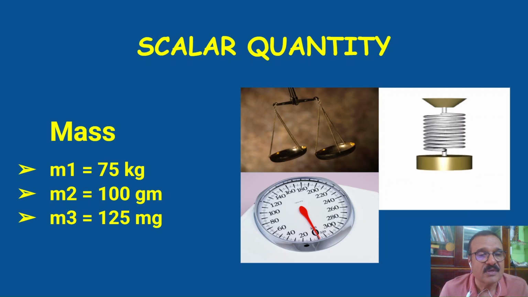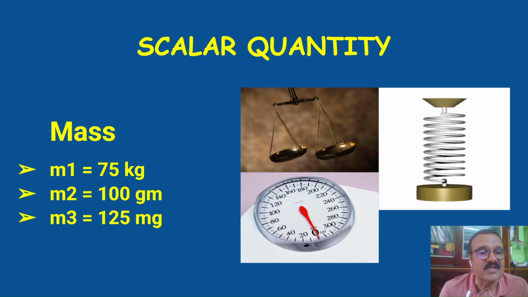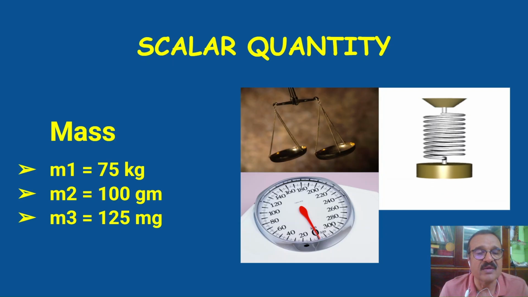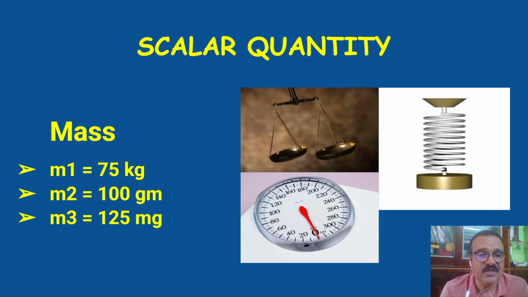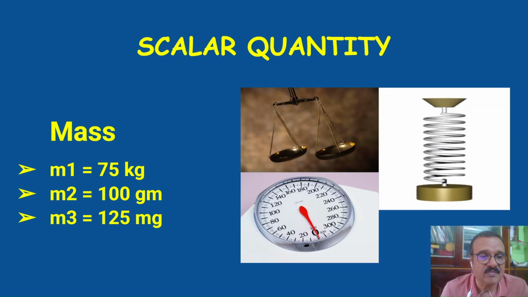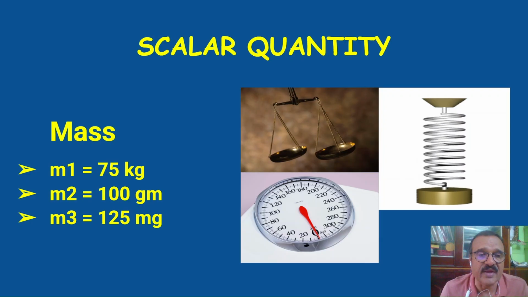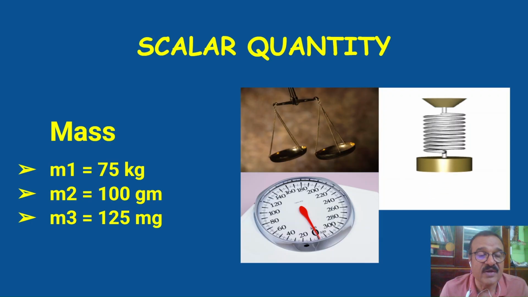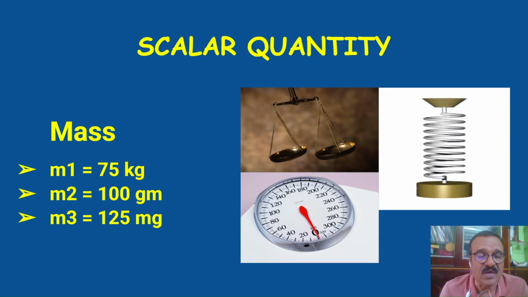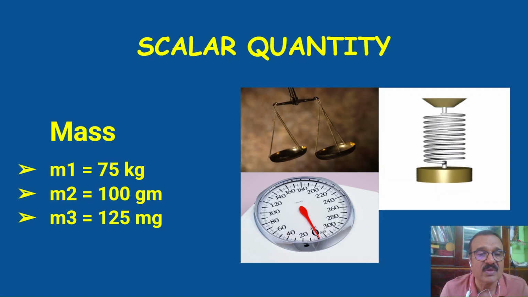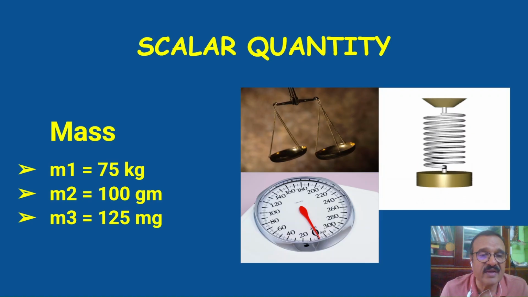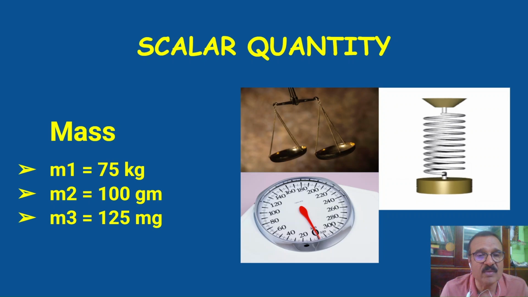Then another example as m2 equal to 100 gram. 100 is a magnitude, numerical value, and gram is the corresponding unit. Whereas m3 equal to 125 milligram. 125, the numerical value, that is the magnitude of the mass, and milligram is the unit of mass.